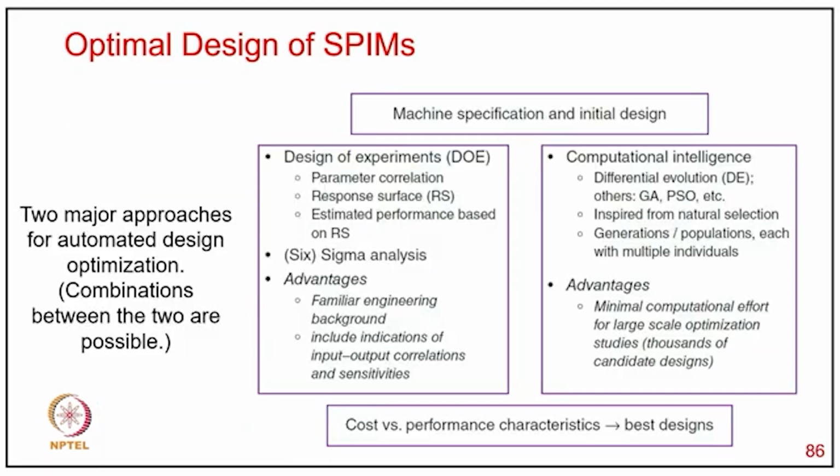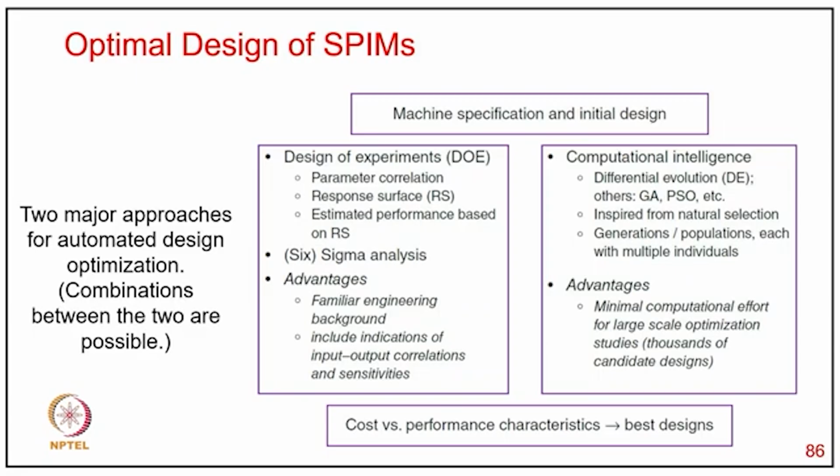Then there are two major approaches for automated design optimization, and a combination between the two is possible, as the machine specification and design decision. One process is design of experiments, called DOE in short, with parameter correlation and response surface RS and estimated performance based on RS, and then Six Sigma analysis. The advantage is the familiar engineering background, including indications, input-output correlation and sensitivity analysis.